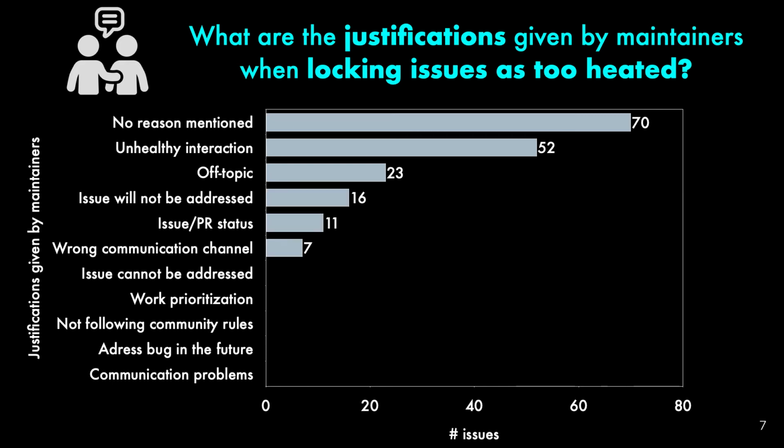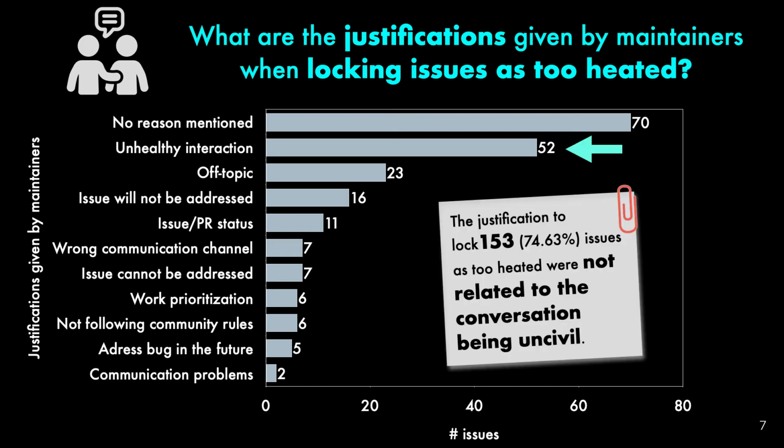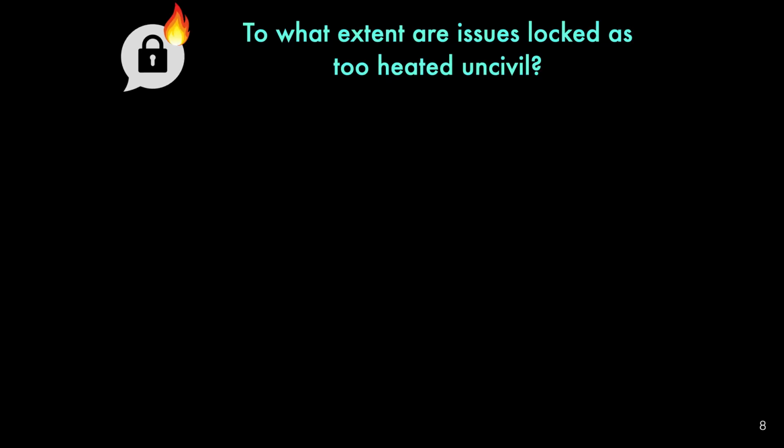The remaining issues were locked for a variety of reasons, such as the issue will not be addressed, it's the wrong communication channel, work prioritization, and the bug will be addressed in the future. What's interesting here is that the justification to lock around 75% of the issues as too heated was not related to the conversation being uncivil at all.